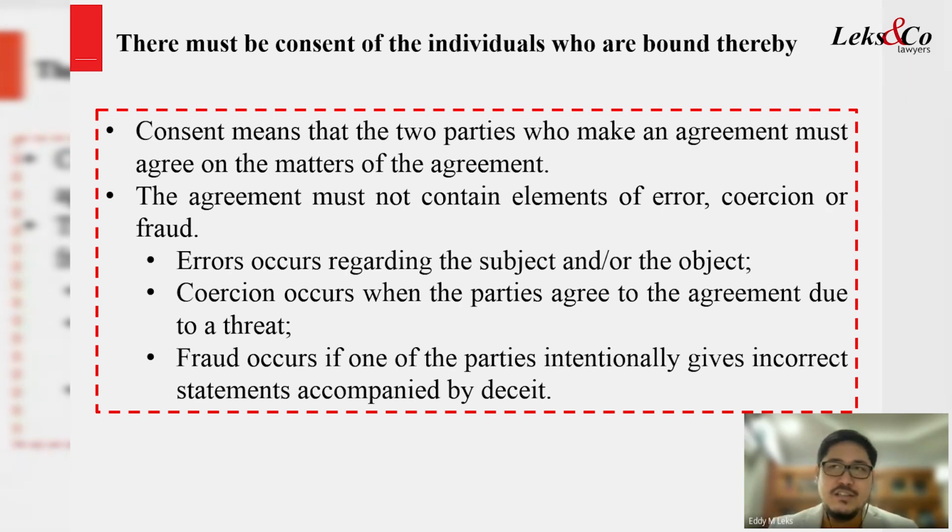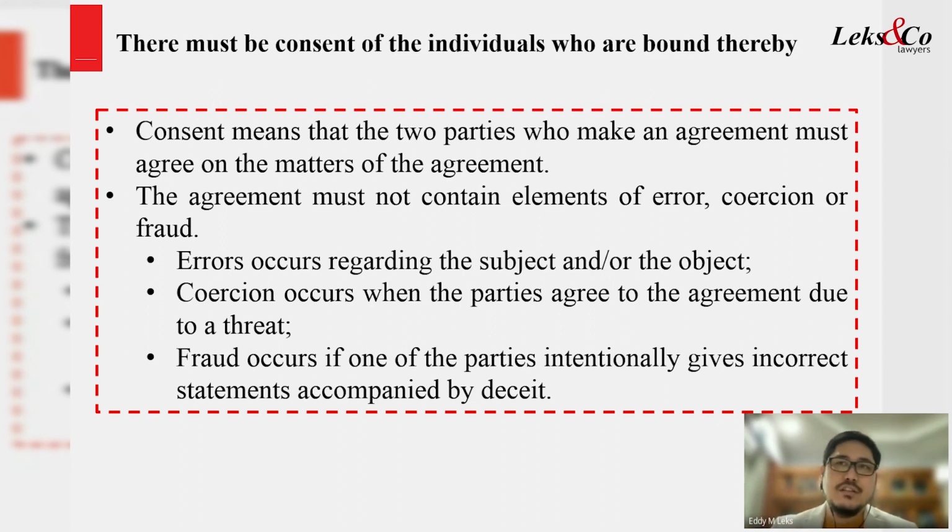So consent is made, or is, what is it? It begins with kehendak, with the will. So there should be a will for the person, and then to give him his consent.